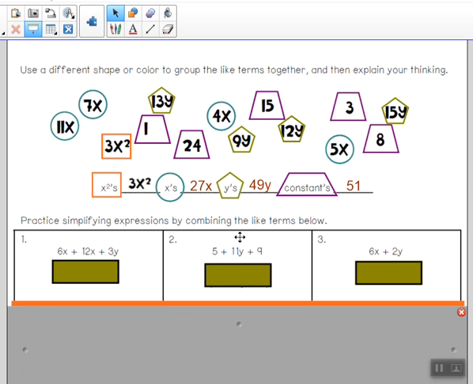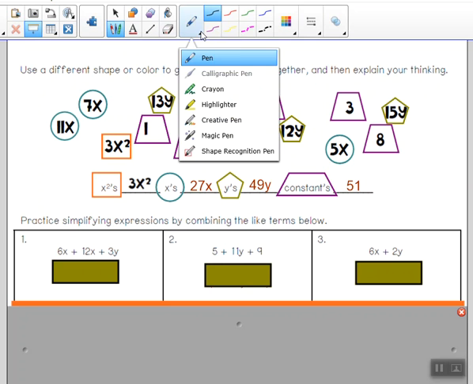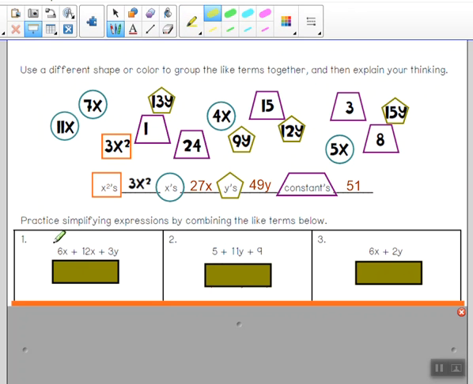Now we're going to look and see how this applies to some problems. Practice simplifying these expressions by combining the like terms below. So if I want to show some highlights here, I have a 6x, and right here I have a 12x. Now I can combine those because they both have the same variable attached. I cannot combine them with this one though, because that's a different variable.